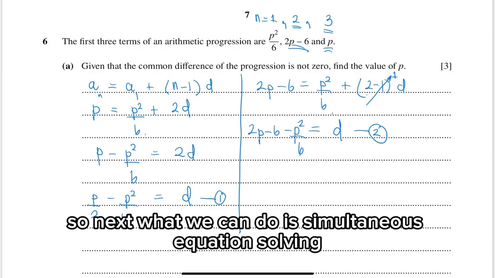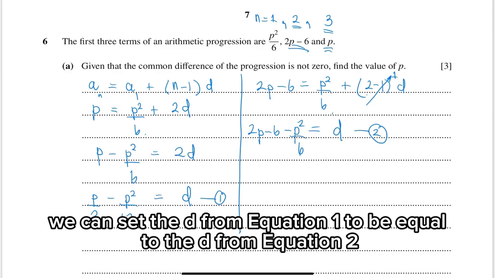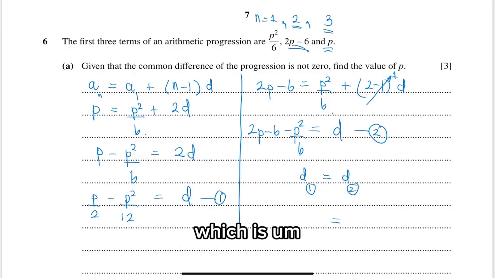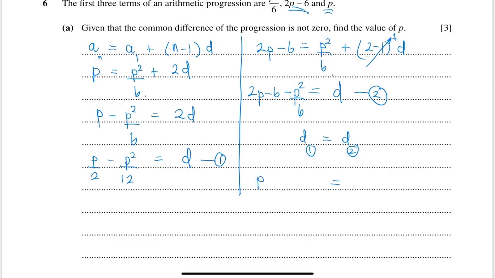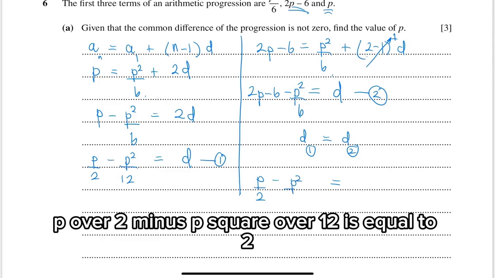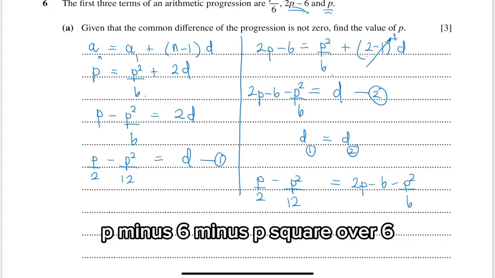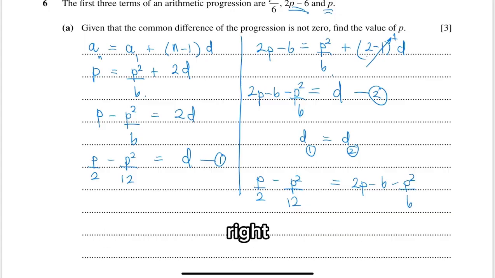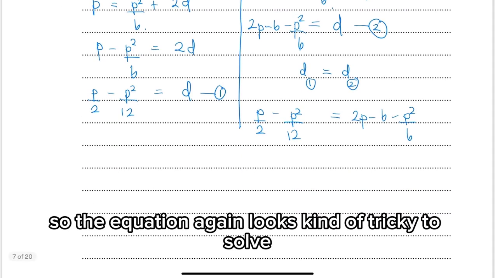So next, what we can do is simultaneous equation solving. We can set the d from equation 1 to be equal to the d from equation 2, which is p over 2 minus p squared over 12 is equal to 2p minus 6 minus p squared over 6, right? So the equation again looks kind of tricky to solve.